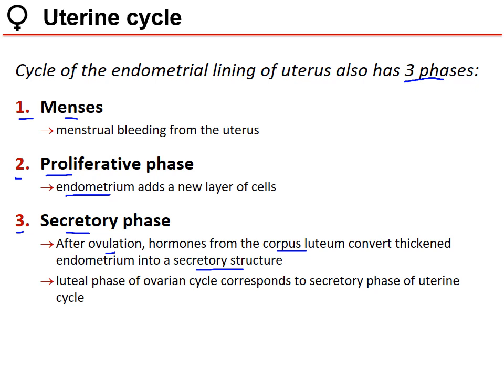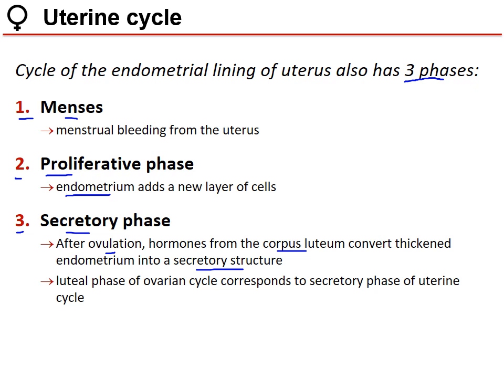But if no pregnancy occurs, this secretory endometrium isn't needed anymore, because basically the entire structure of the uterine wall is being changed in anticipation of the fact that it's going to have to aid in the development of an embryo.